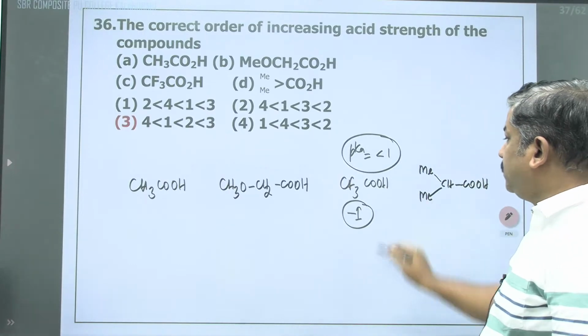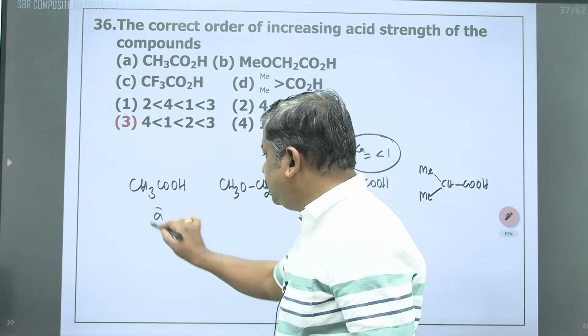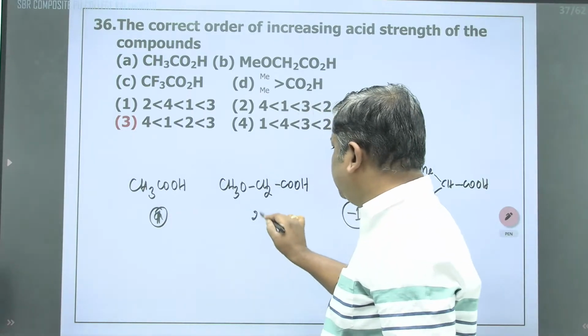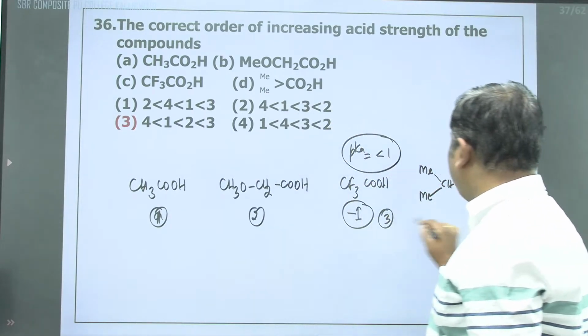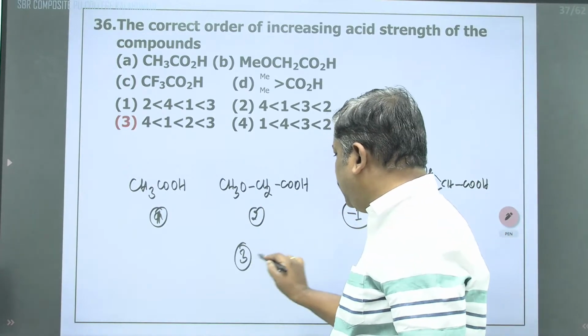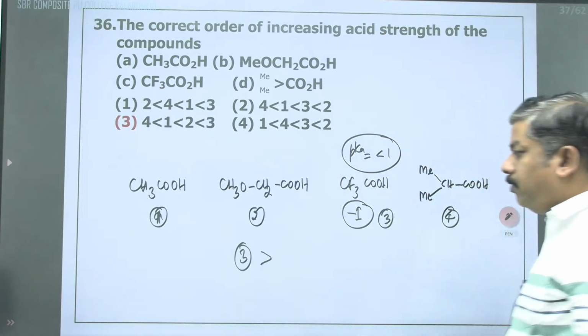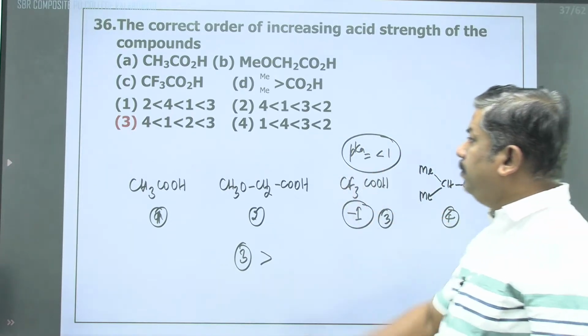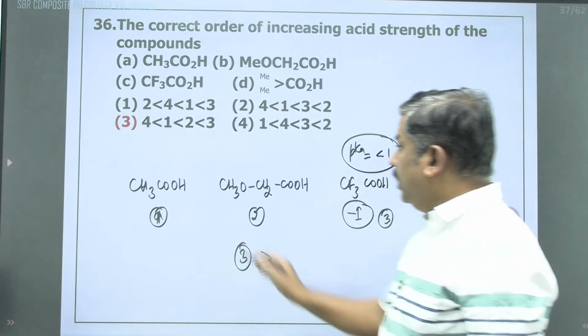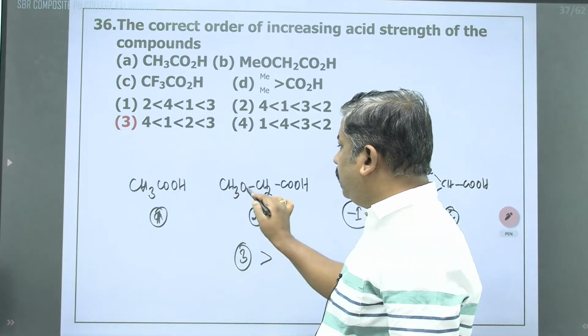Trifluoroacetic acid is found to be the strongest acid here. Take this as compound 1, this is 2, next one is 3, and this is going to be the 4th one. Out of these, very clearly we can say that the third compound is more acidic in nature when compared to the remaining compounds.